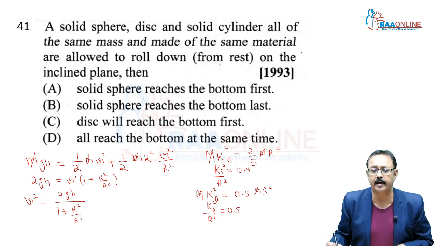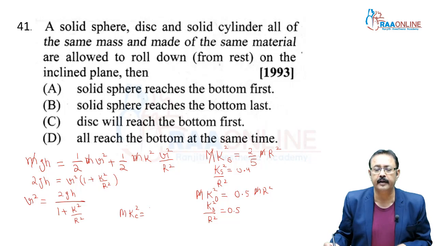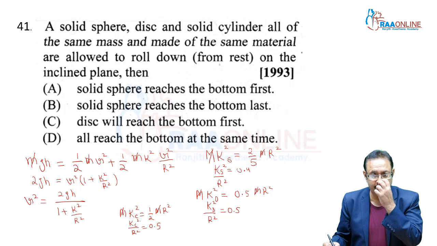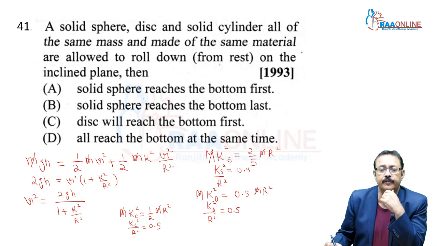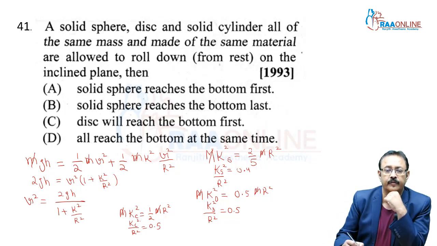Now for solid cylinder, again half m r square. So for cylinder, kc square by r square is again 0.5. So the least value is for sphere, so sphere will reach first. So we are going with option A.